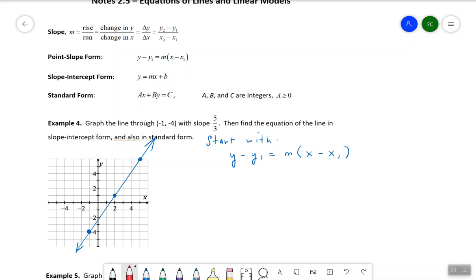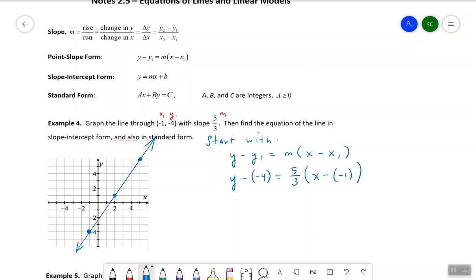And then let's plug in -1 for x sub 1 and -4 for y sub 1. That's our point. And of course 5/3 is going to replace the m. And so then that will get us y minus -4 is equal to 5/3 times x minus -1.